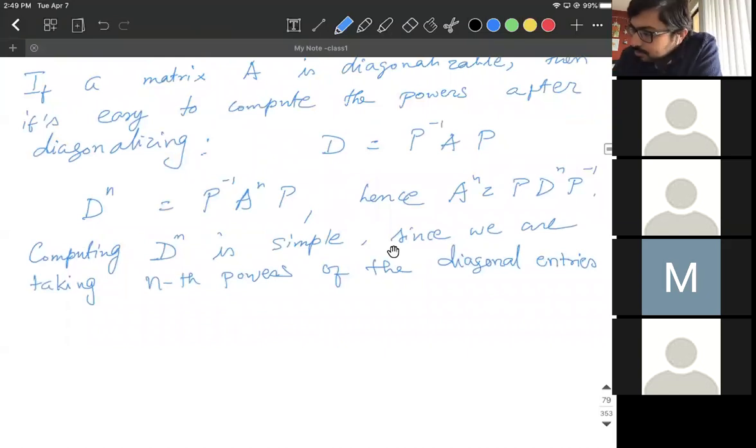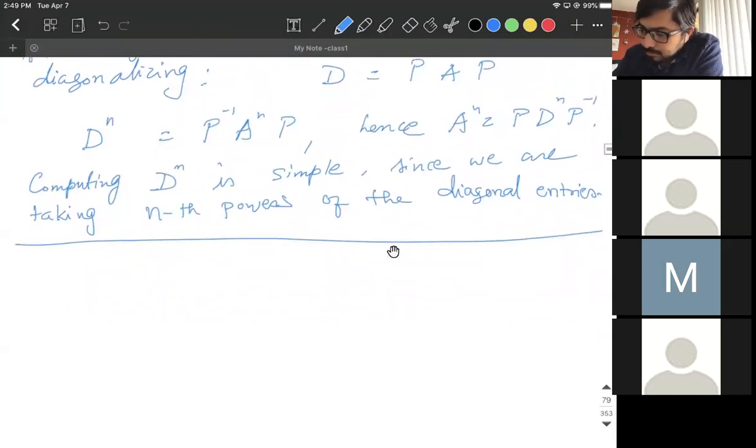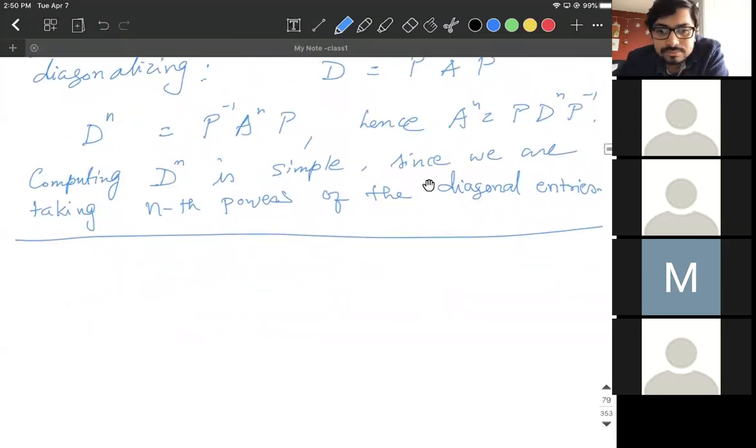So this is something we will use for certain problems to compute powers of a matrix.